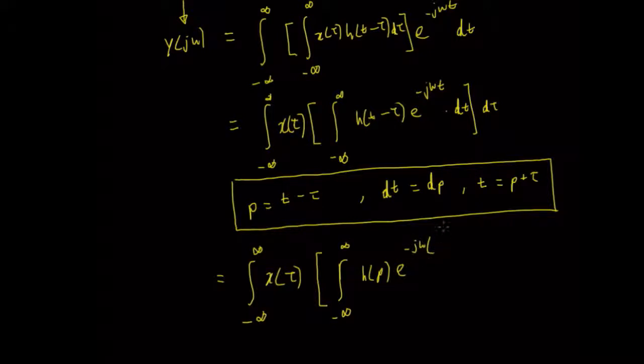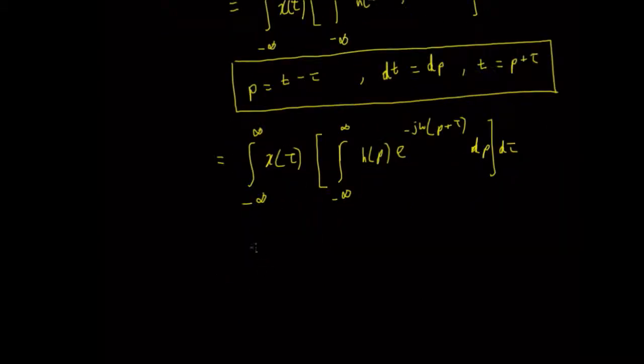Now the t gets replaced by p plus tau, all by dp, and that's all by d tau.